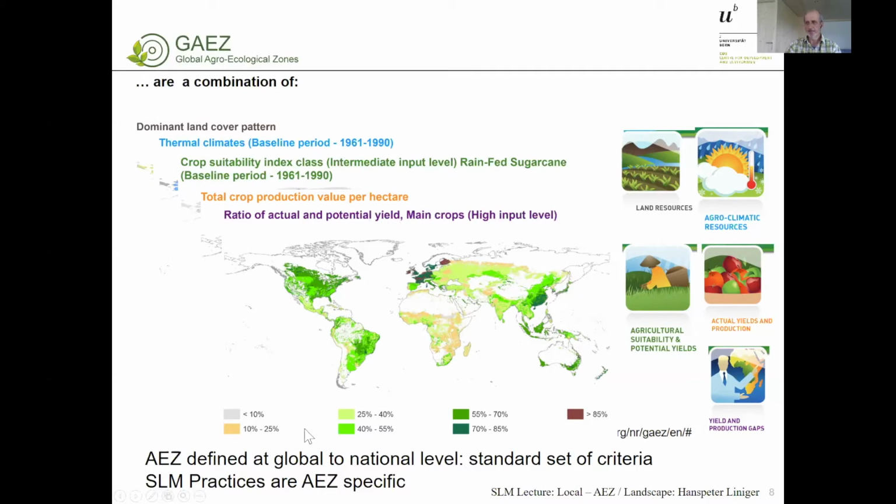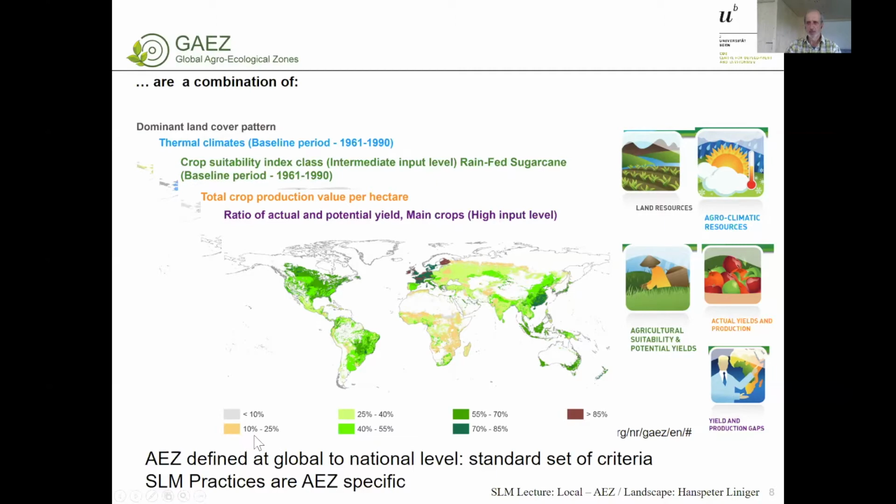So meaning more than 85%, look at those areas here, they have only lost less than 15% of the potential of the production that they have. Whereas in these areas here, 10 to 25%, meaning they have lost around 80% of the production.